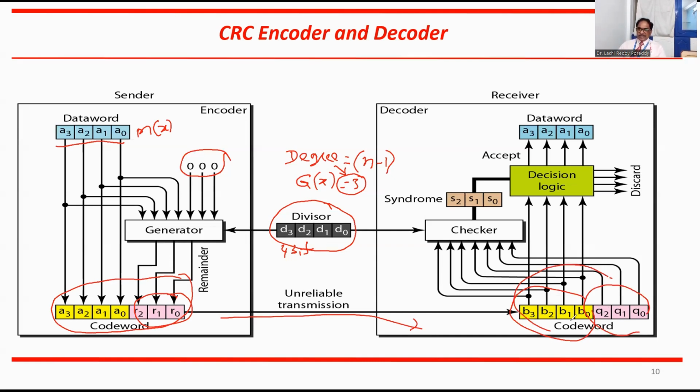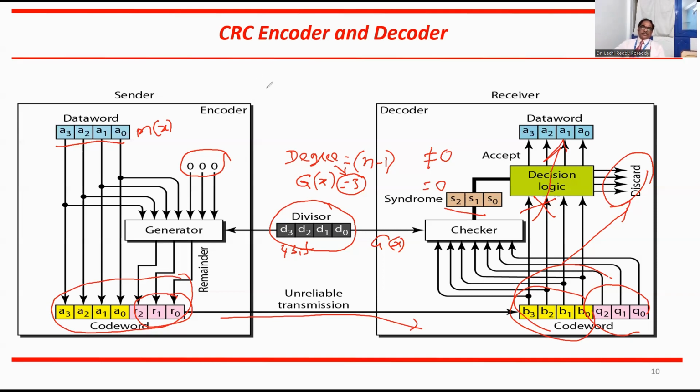The entire thing is again divided with the same g of x. If the remainder we get is equal to 0, whatever is received has no errors, and will be accepted, forwarded, and stored for further processing. If the remainder is non-zero, then whatever is received is wrong, and it is discarded, and retransmission is requested. So this is what is going to happen.